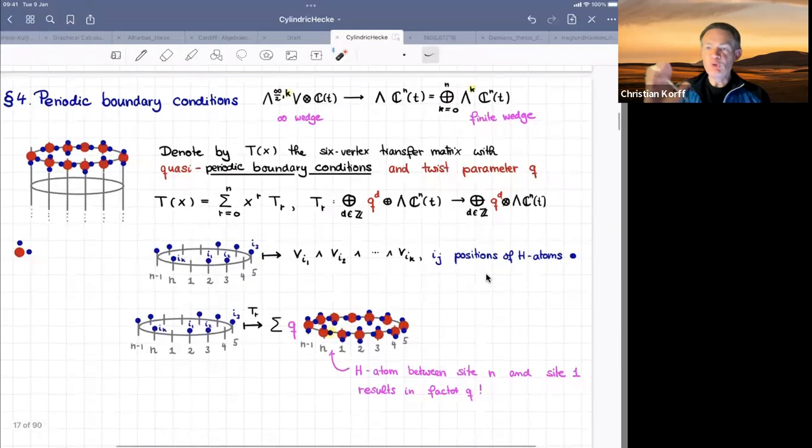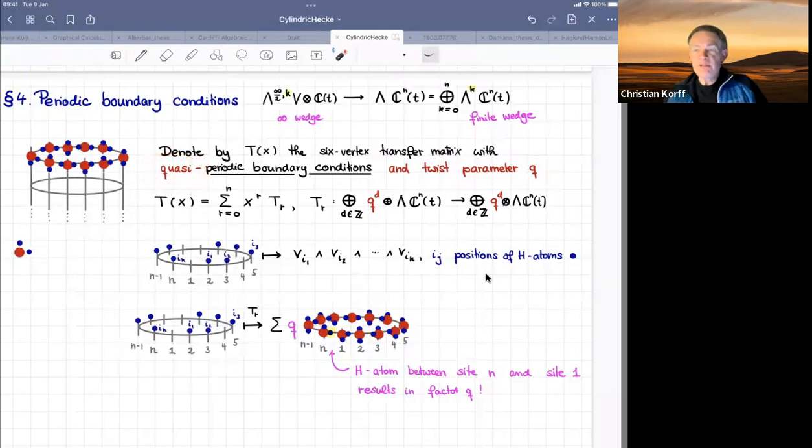And I take the same Boltzmann weights as before for my six-vertex transfer matrix. So nothing changes. As for the Hecke characters, I take the same Boltzmann weights. The only difference now is, as I said, that I'm summing over configurations which satisfy periodic boundary conditions. And to make it slightly more interesting, I make these quasi-periodic boundary conditions.